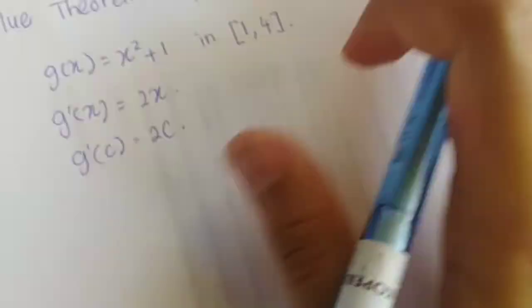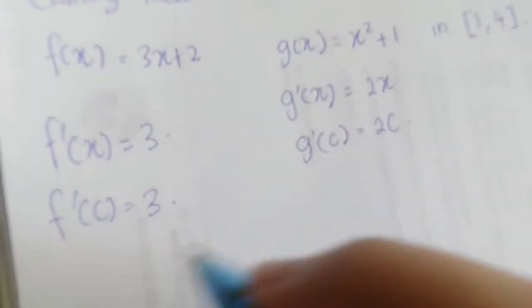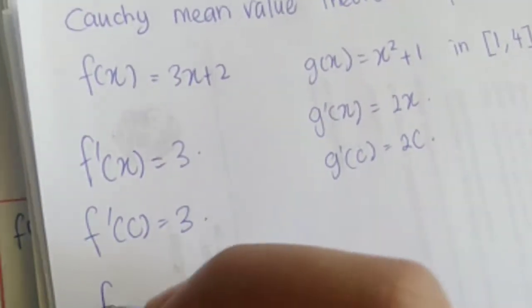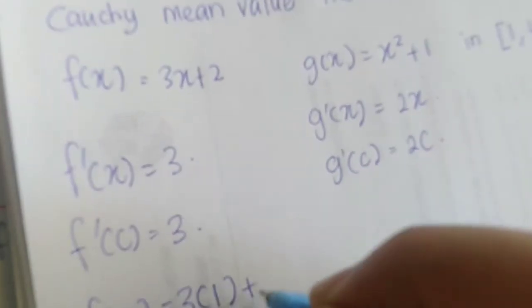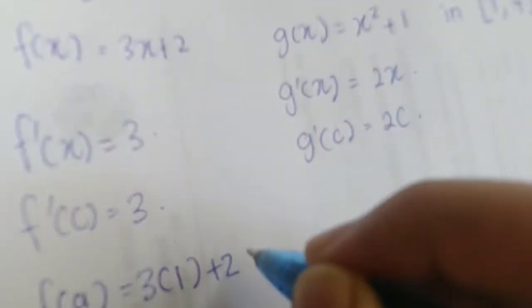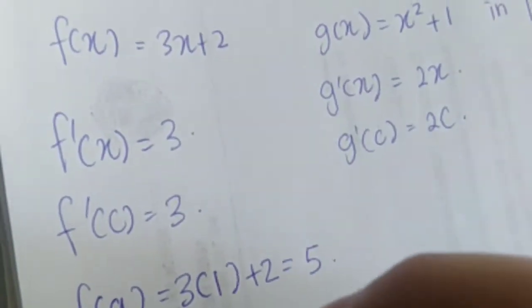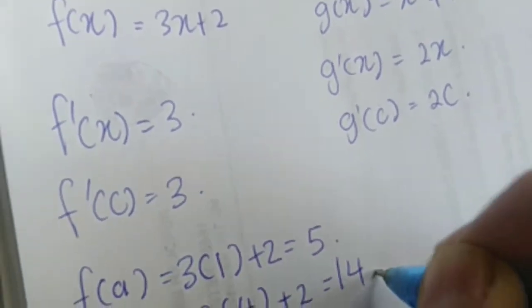Now, we'll do f(a) and f(b), where a is 1 and b is 4. So we have f(a) equals 3 times 1 plus 2, which is 5. And f(b) is 3 times 4 plus 2, which is 14.